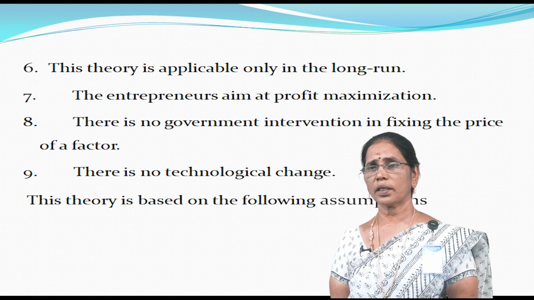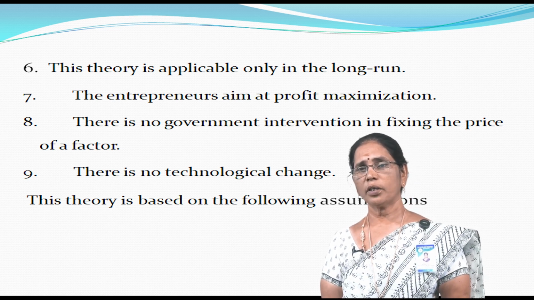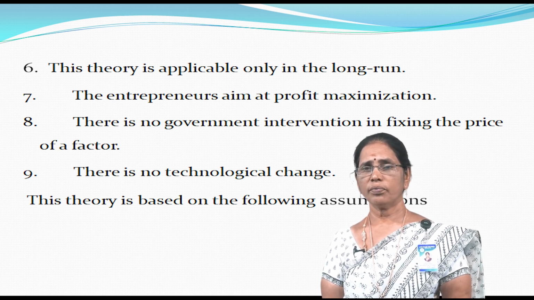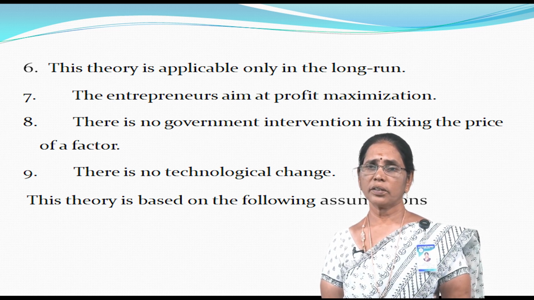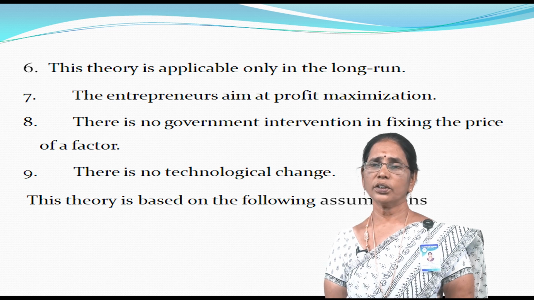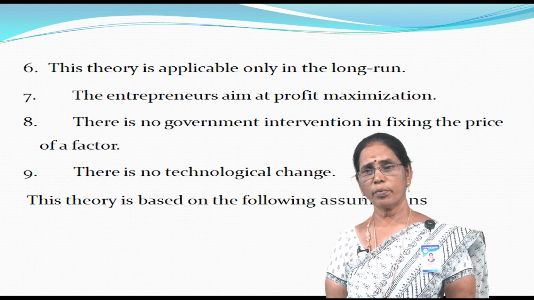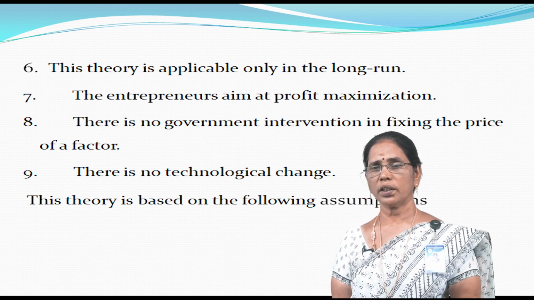This theory is applicable only in the long run. Then the entrepreneurs aim at profit maximization. There is no government intervention in fixing the price of a factor. According to classical economists, they aim at the laissez-faire policy, so this theory is also based on laissez-faire policy. There is no technological change.